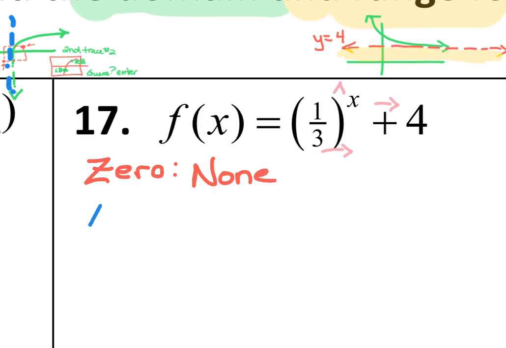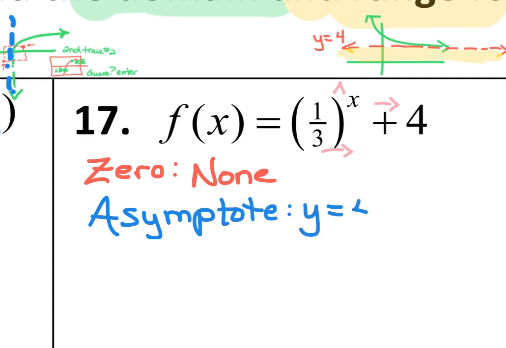It also asks you for the asymptote, and we just said that it's y equals 4 because we shifted up 4, and it had been y equals 0 for the parent function. The domain of every exponential function is all real numbers.